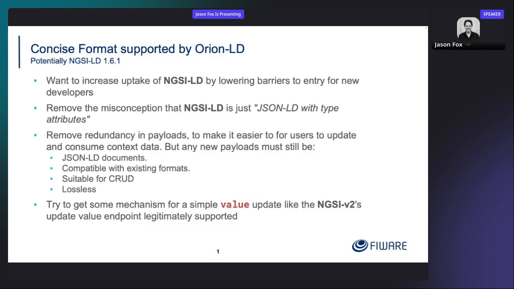Now, if you look at the older NGSI v2 format, which is JSON-based rather than JSON-LD-based, there are certain endpoints where you can actually just put in values. Just put in, I want to update my temperature attribute to 6. And there needs to be something similar to that, but it must be done via a JSON-LD document.